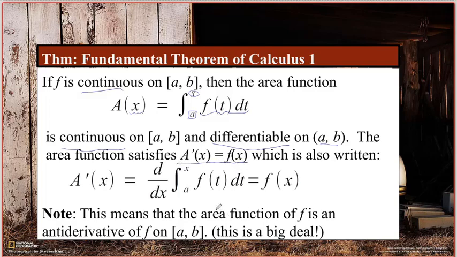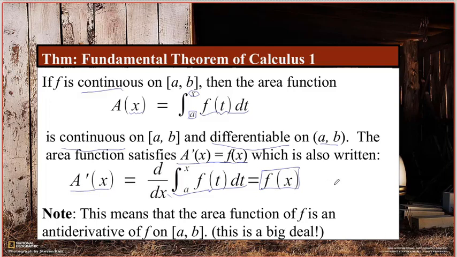And so we write that as the derivative of our area function is the derivative in terms of x of that definite integral, and that will equal this function. So what this means is that the area function of f is an antiderivative of f.